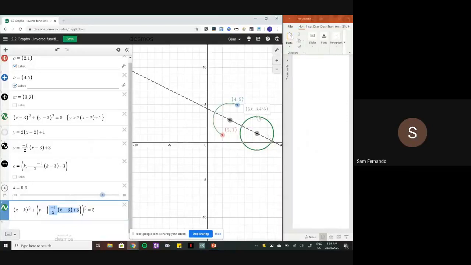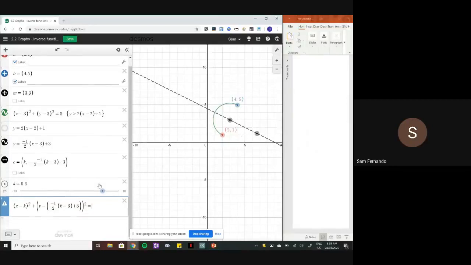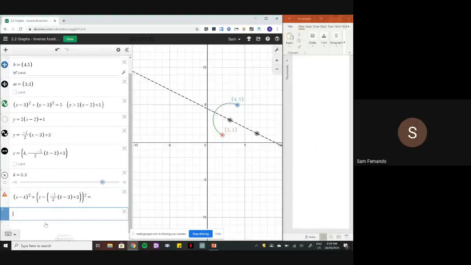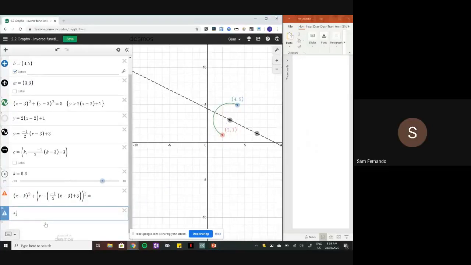Okay, but as you can see, my radius is not big enough. So how big should the radius be? Well, it should be the distance from one of these points to the center. So let's just figure that out. Let's just say the X distance, I'll call X1.